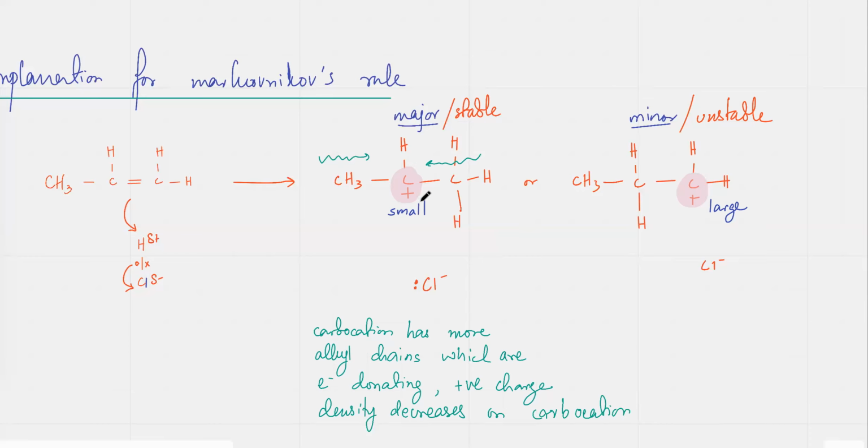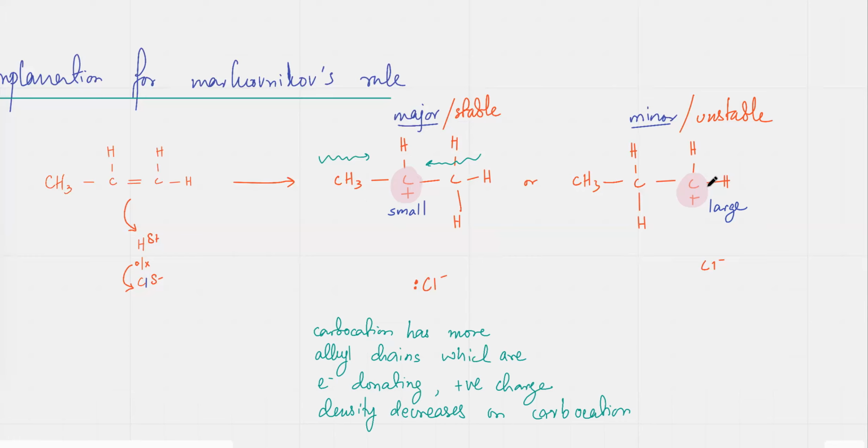Yes, sir. So this one is larger in size because this is right at the end. It's got two hydrogen atoms around it. Hydrogens don't have electrons themselves, so there are no large groups surrounding it. So the positive charge is not surrounded by electrons. Over here the positive charge was right in the middle of the chain, so it was surrounded by electrons, which is why the electrons got pulled and the positive charge decreased.